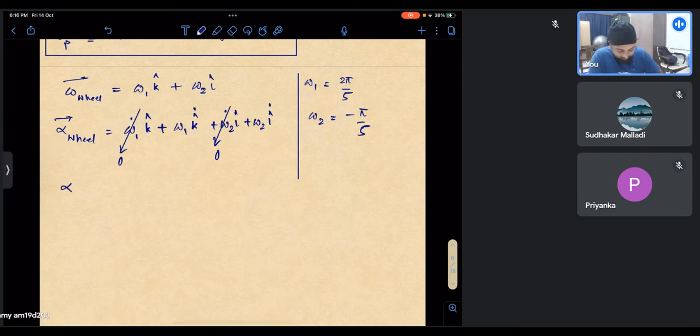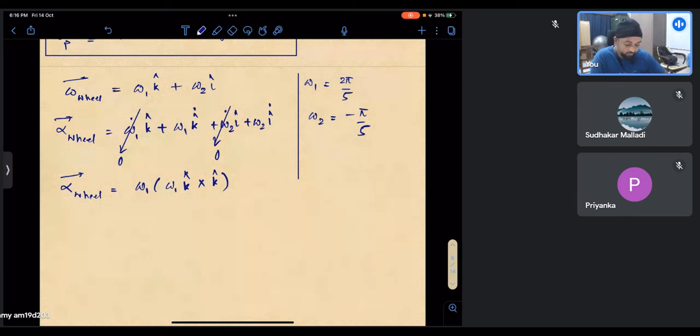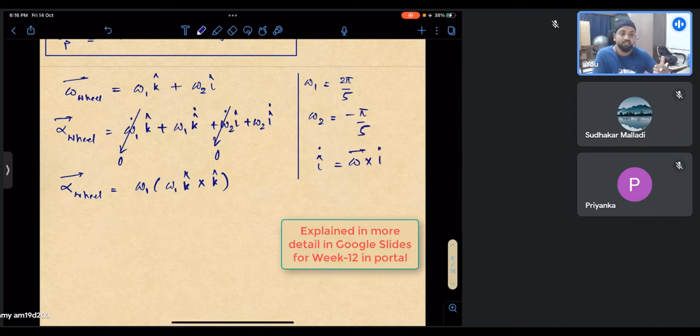So essentially our alpha wheel, if we see, omega 1 k cap cross k. If I were to write this, the derivative of a unit vector, I dot, will be whatever angular velocity is there crossed with I. This will be the change, because the magnitude of the unit vector remains the same.